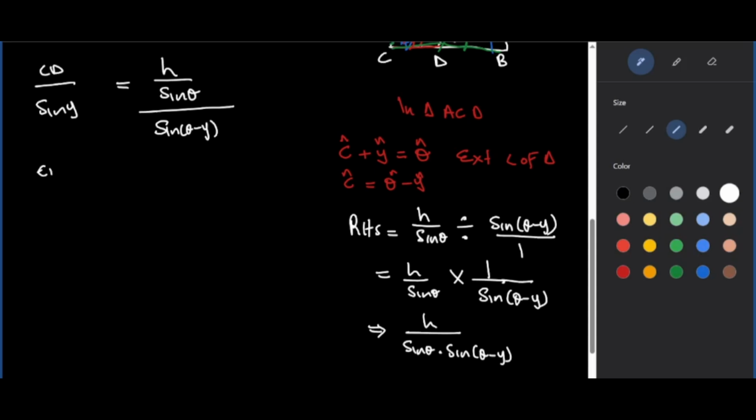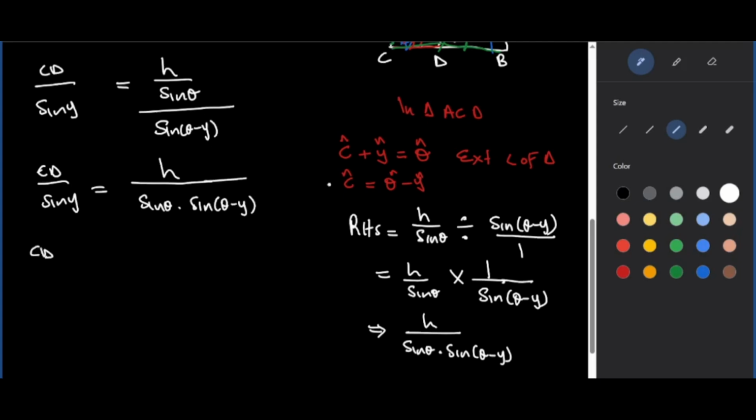So this will be CD over the sine y equals h over the sine of theta times the sine of theta minus y. Then let's cross multiply.